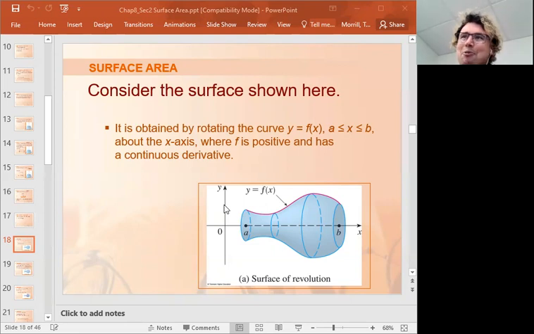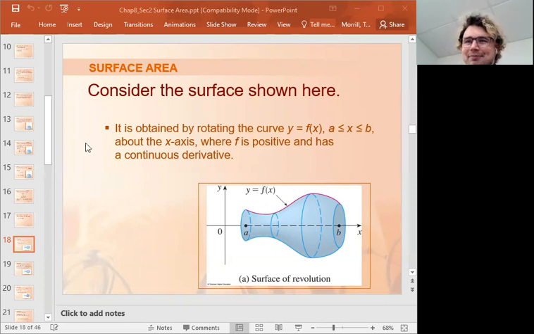So once again, I want to make an approximation by chopping this figure up into small pieces. And as I take more of those pieces, as those pieces get smaller, my approximation gets better.